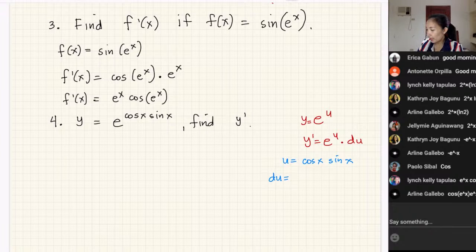So cosine x times the derivative of the second; the derivative of sine is cosine x, plus the second, which is sine x, times the derivative of the first, which is negative sine x.